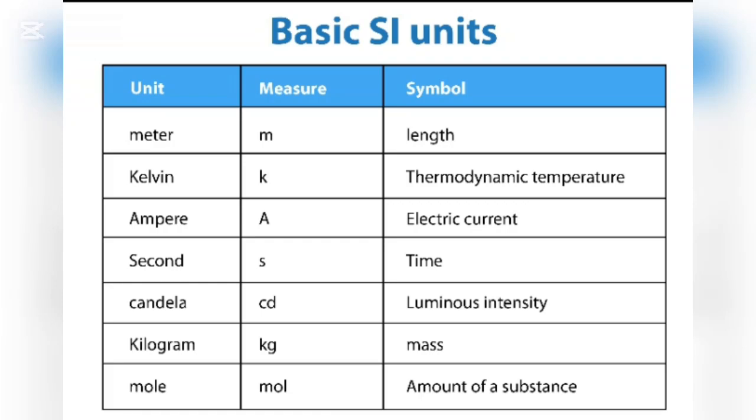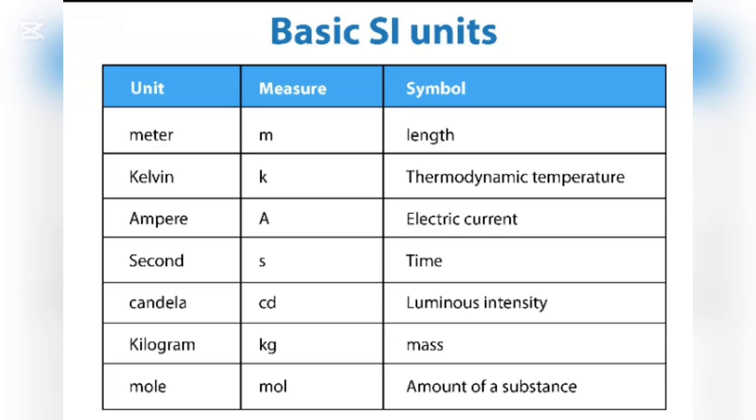Temperature is measured in Kelvin, big letter K. Electric current is measured in ampere, capital letter A. Luminous intensity is measured in candela, big letter C with small letter d. Amount of substance is measured in mole. MOL is the abbreviation, small letter m, small letter o, and small letter l.